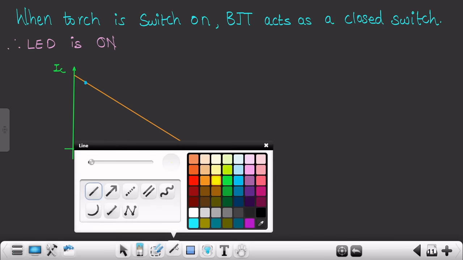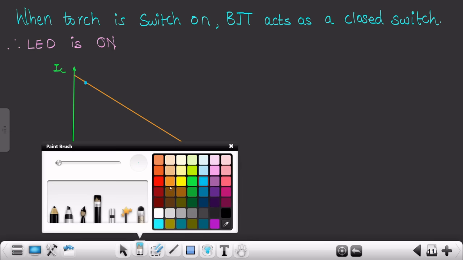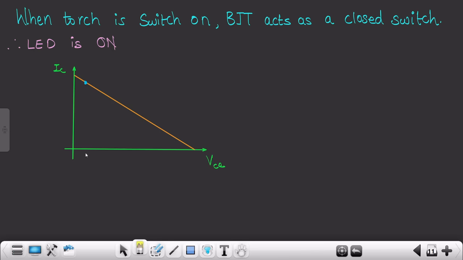The output characteristic can be drawn something like this. I am drawing with a rough hand. So this is your Q point. That means your BJT acts as a closed switch, and as you can see over here, the value of IC is maximum.